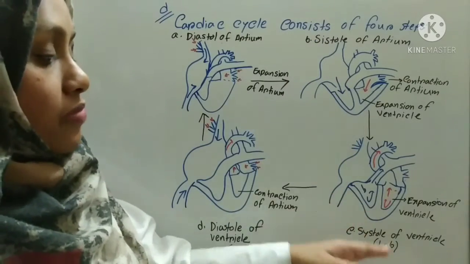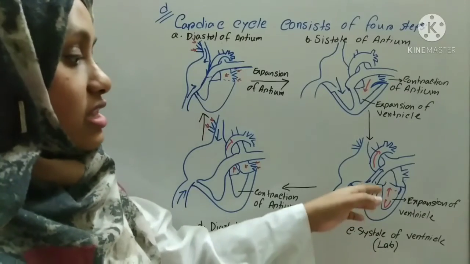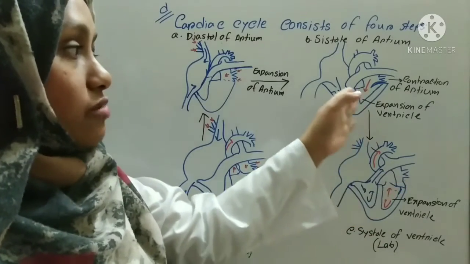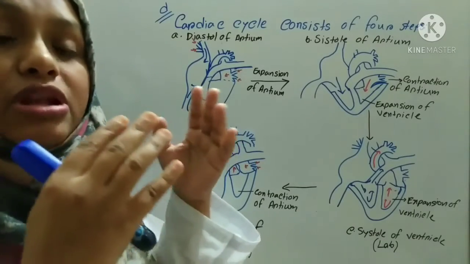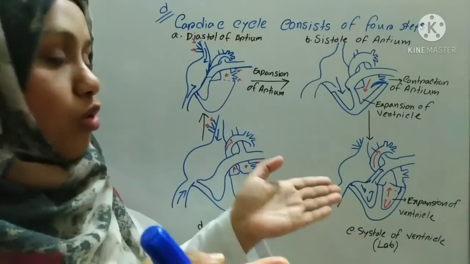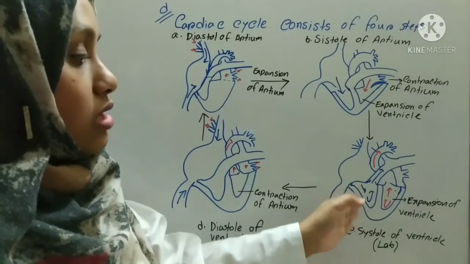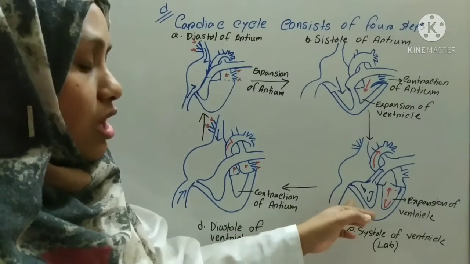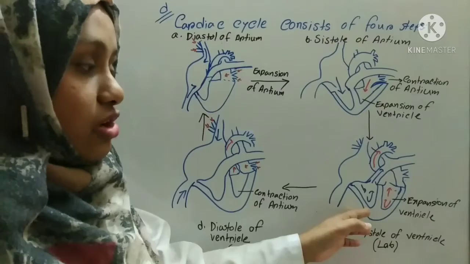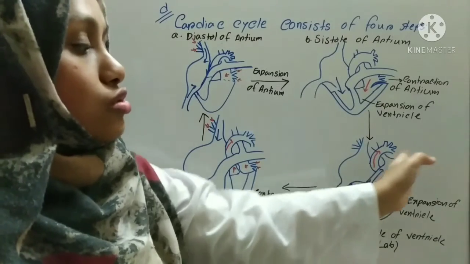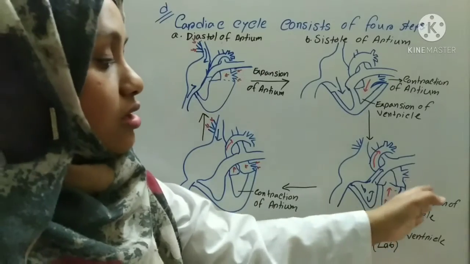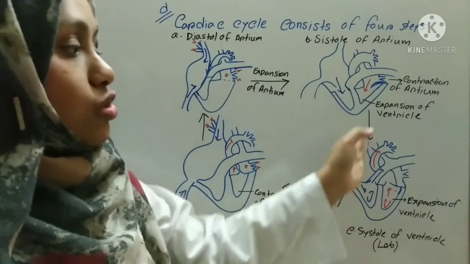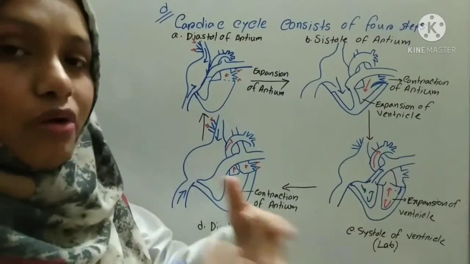And in the systole of ventricle, these two valves, that means tricuspid and bicuspid valves, remain closed, and the semilunar valve remains open, and the blood from the right ventricle goes through the pulmonary artery, and from the left ventricle it goes through the aorta to our body.